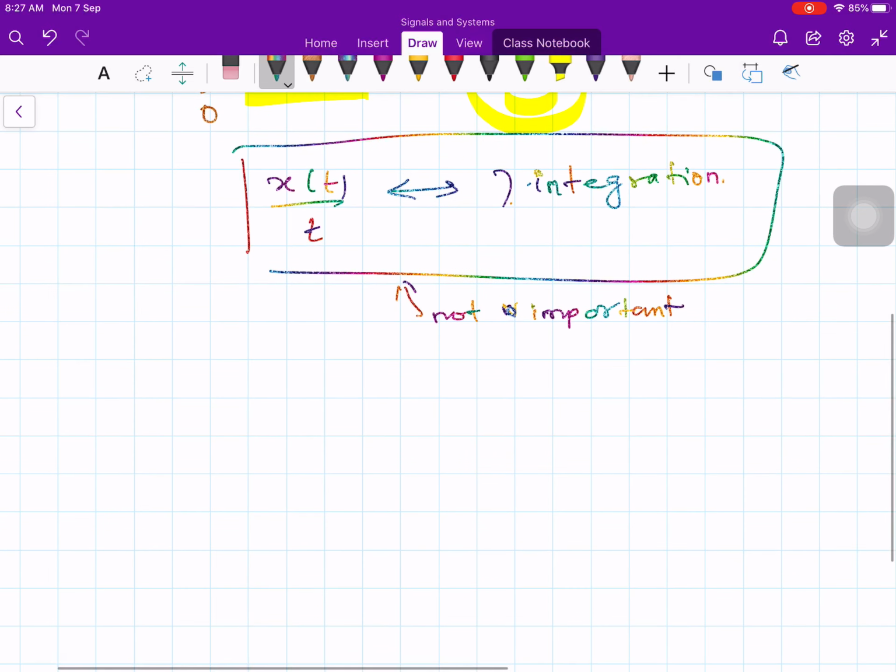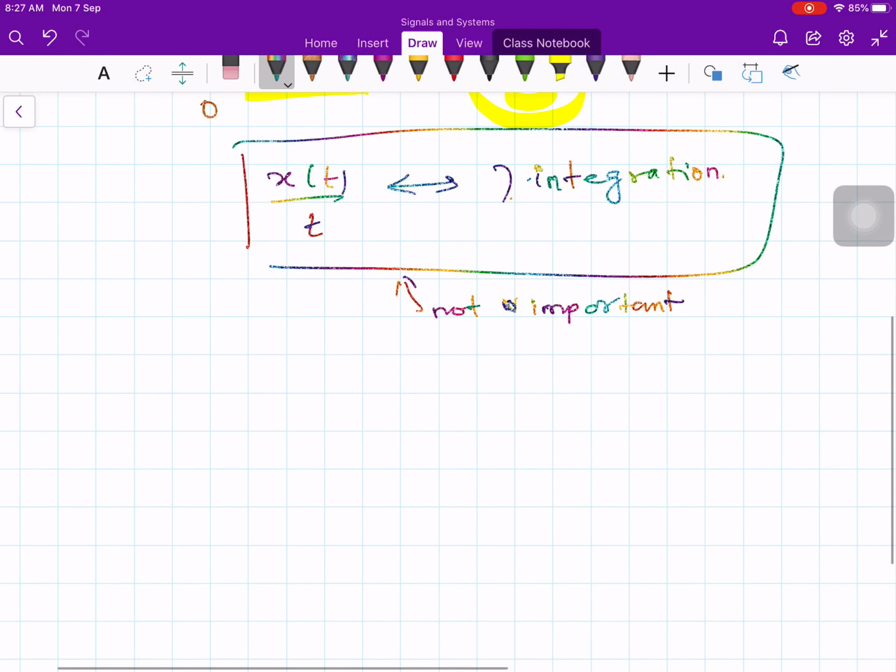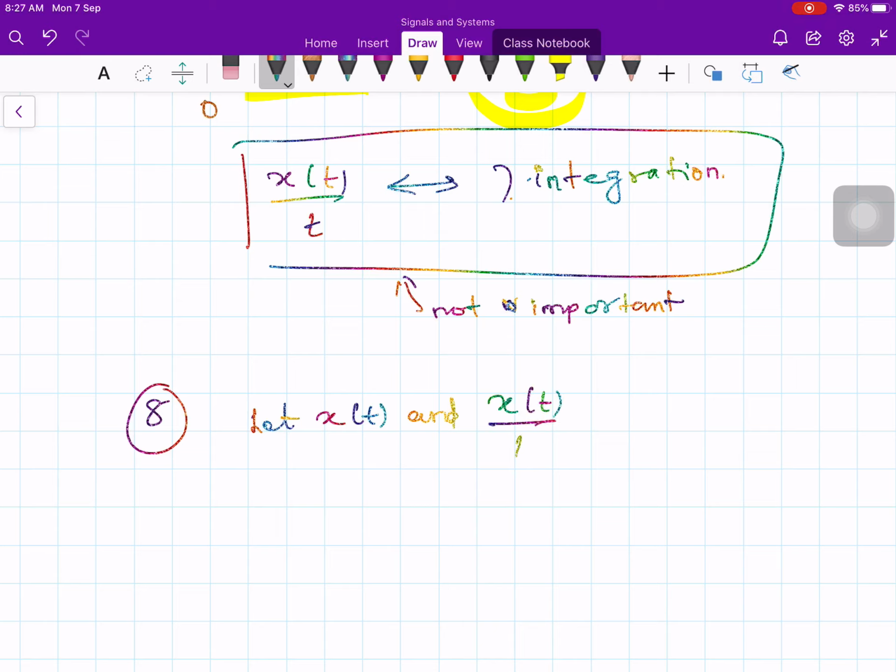So I think this is the 8th property. Let x of t and x of t divided by t be Laplace transformable.